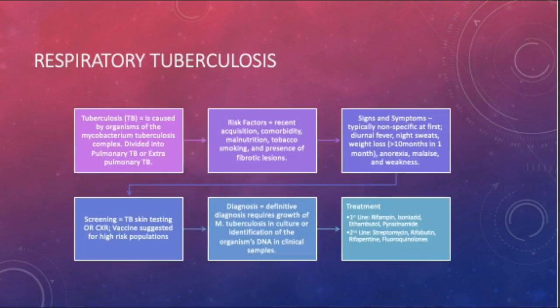Next condition is tuberculosis. One thing to note is that tuberculosis really is a separate specialty. Your infectious disease providers are going to be the ones more so taking care of these patients, because the treatment involved for tuberculosis is very involved. There's a lot of strict follow-up, a lot of side effects from these medications.